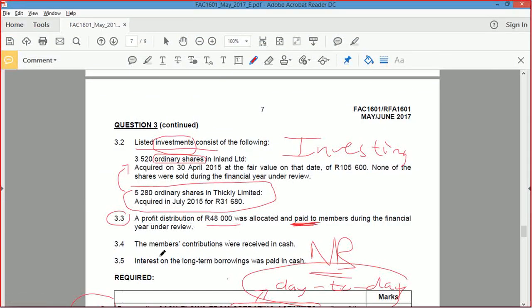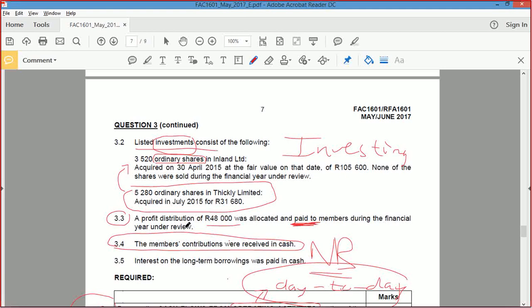3.4, do I need this? Members' contribution received in cash. We spoke about this earlier. No, you don't need it. Why not? Because it's members' contribution. And what is members' contribution? Capital.